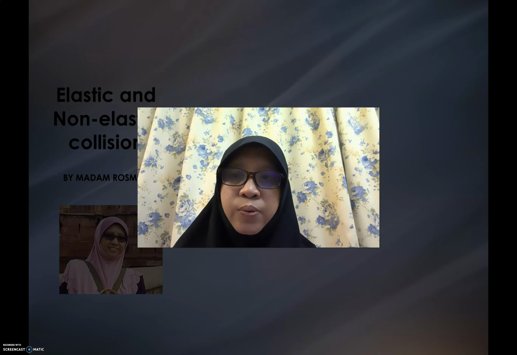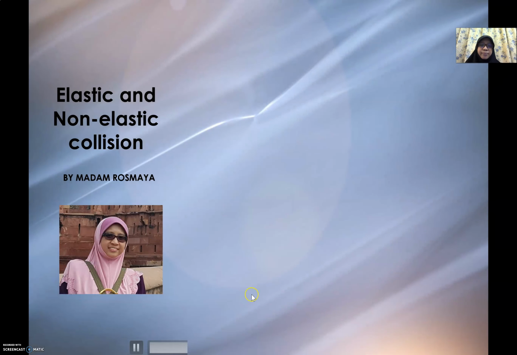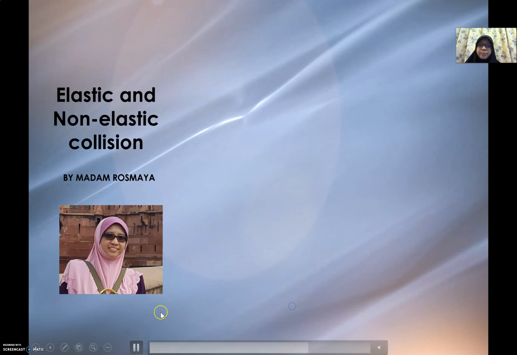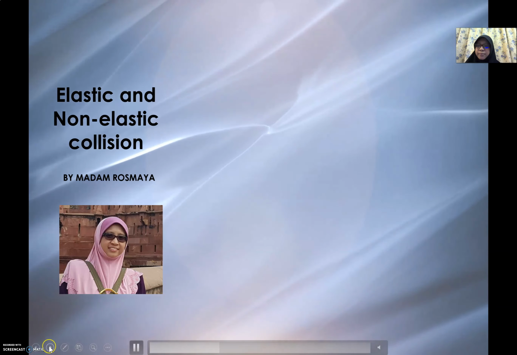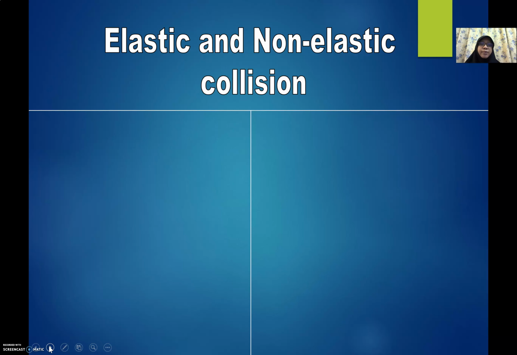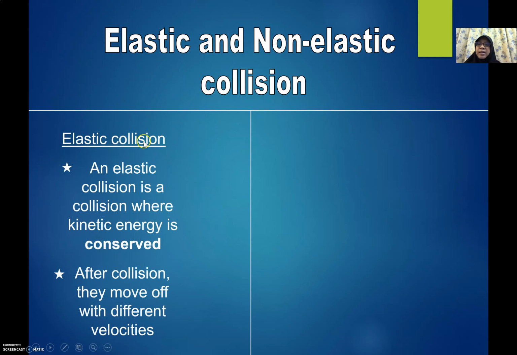In this video, we are going to discuss elastic and non-elastic collisions. So what is an elastic and non-elastic collision? An elastic collision is a collision where kinetic energy is conserved.